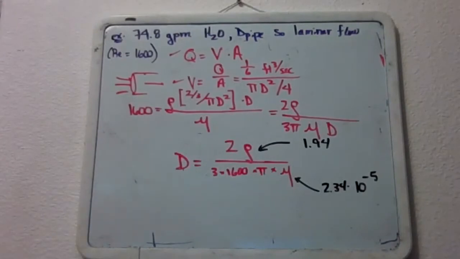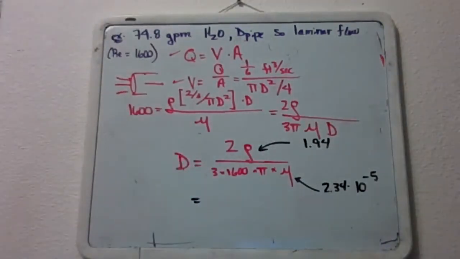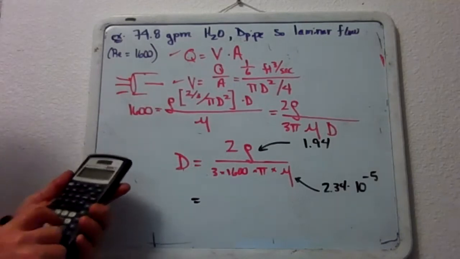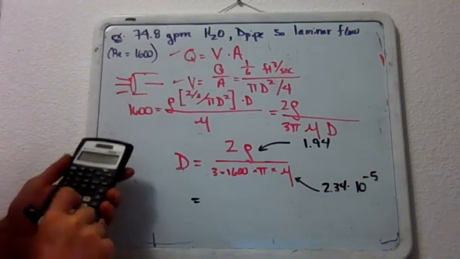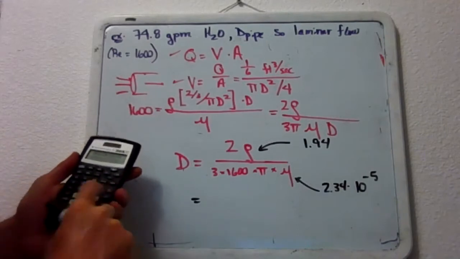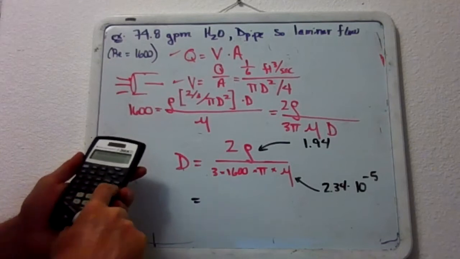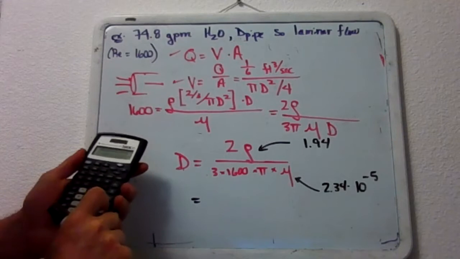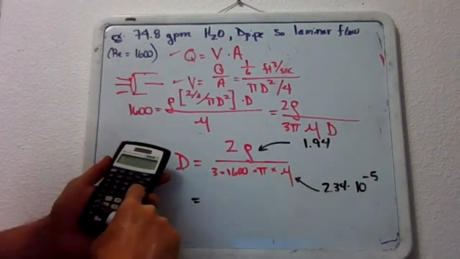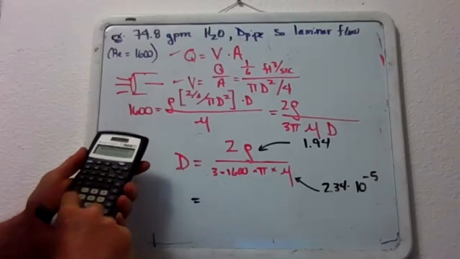Okay, I believe I got those numbers right. Let's just crank through on our calculator and see if we can agree on a number. Two times 1.94 divided by 3, divided by 1600, getting really, really small, divided by pi, getting really small, divided by 2.34, and then divided by 10 to the negative fifth.